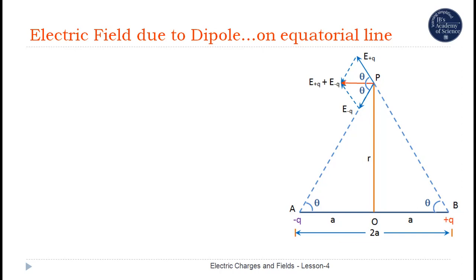Now, join the point P and each charge, minus Q and plus Q. Let AP and BP be the lines joining the charges and the point P. Let theta be the angle made by the line joining the point and the charge with the direction of the dipole moment.